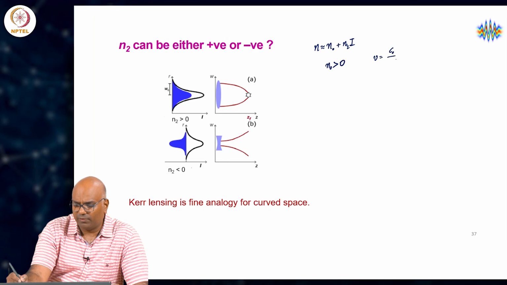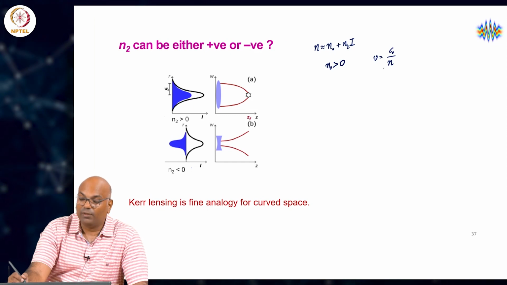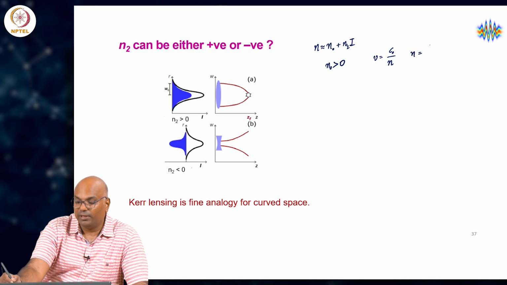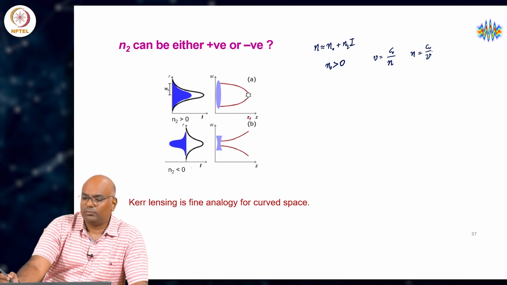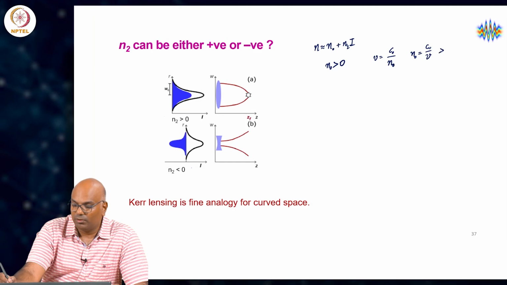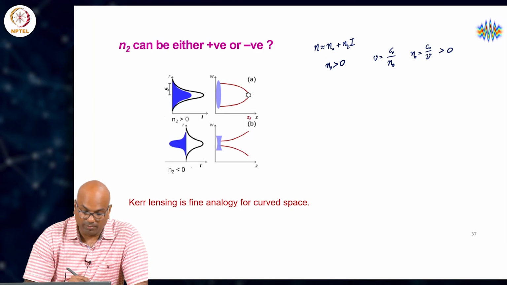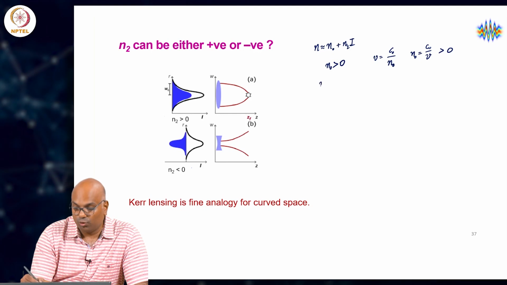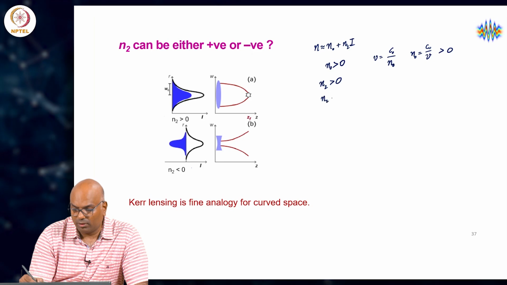If we denote the speed of light in vacuum by c, the ratio of the speeds of light in vacuum versus a medium is the refractive index, right. Therefore, n naught is always greater than 0, no medium flips the direction of light. So, n naught cannot be negative as it turns out, but n2 can be either positive or negative.